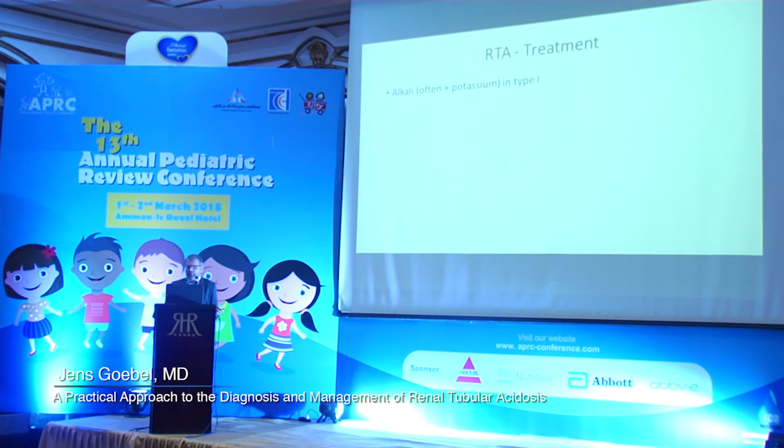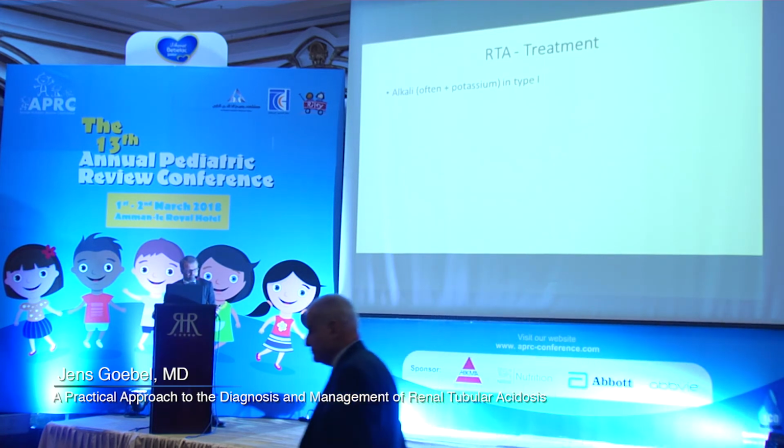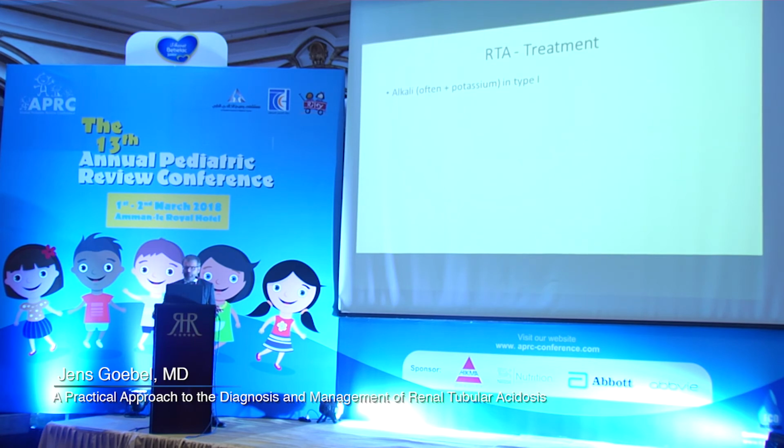And then treatment is actually very easy. Obviously, they're all acidoses, so you need to use some alkali in type 1, oftentimes with some potassium supplementation because of the common hypokalemia. Proximal RTA, type 2 RTA, typically because of the way these bicarbonate balances work themselves out, requires much more alkali than type 1 distal RTA, and also oftentimes benefits from at least part of the alkali supplementation being potassium citrate, so you can also give some potassium.